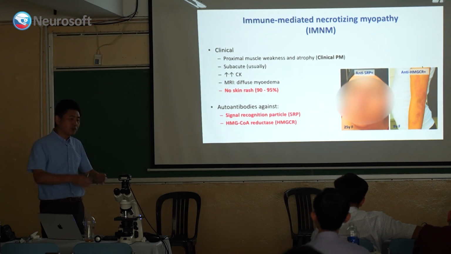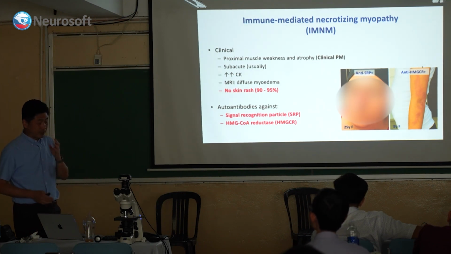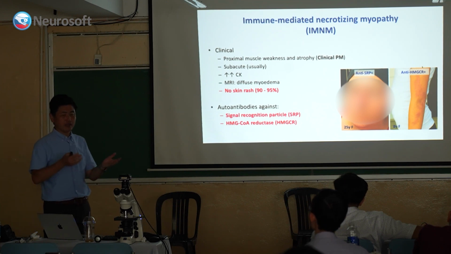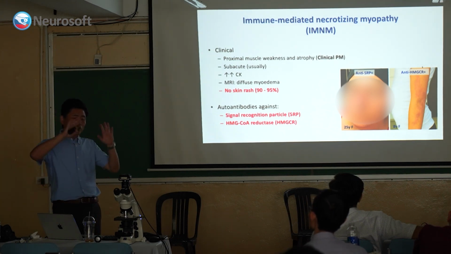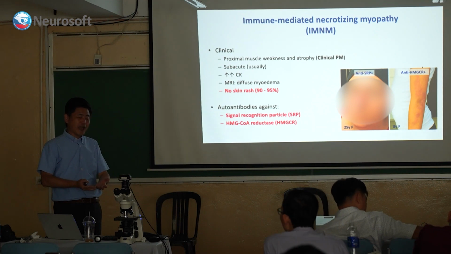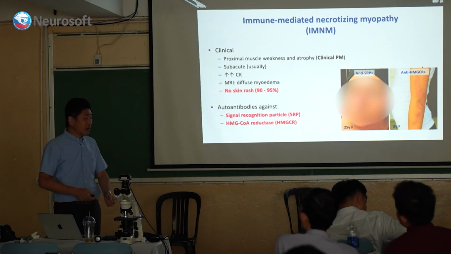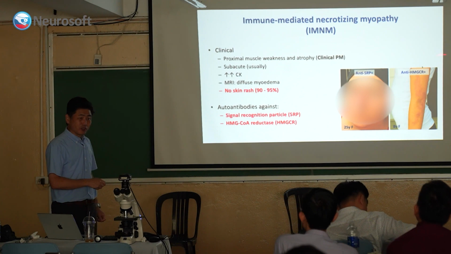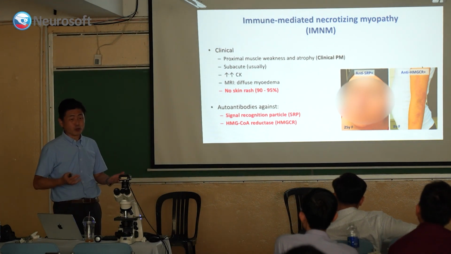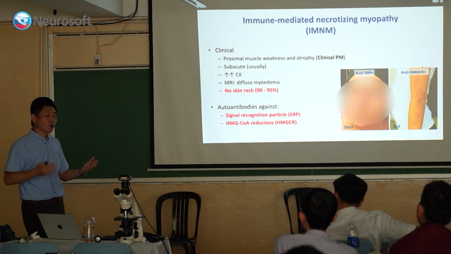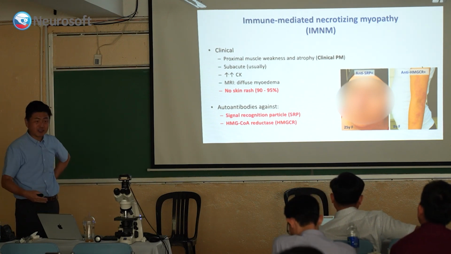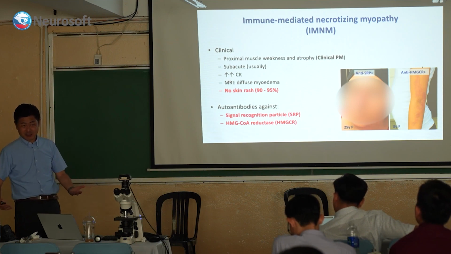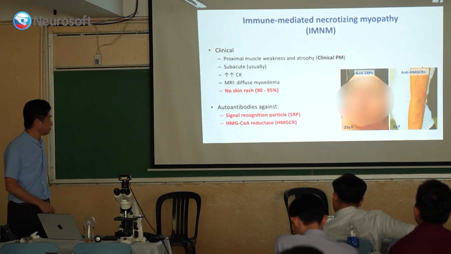And actually, if you read the papers submitted by the group of dermatologists, among all the cases diagnosed as dermatomyositis, some patients have anti-SRP antibodies or anti-HMGCR antibodies, according to them. So it means that dermatologists really make a diagnosis of dermatomyositis when they see skin rash, whatever the disease is. But of course, different diseases.